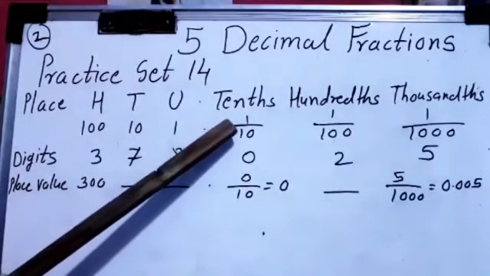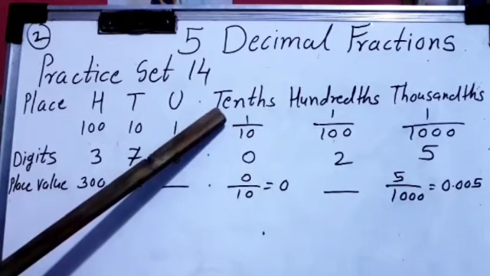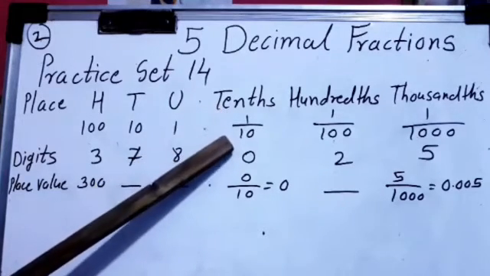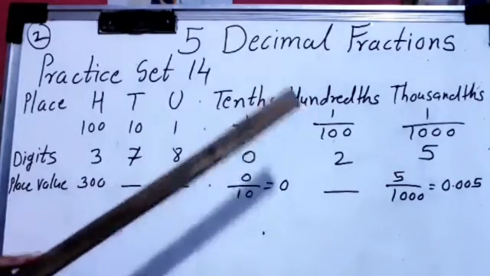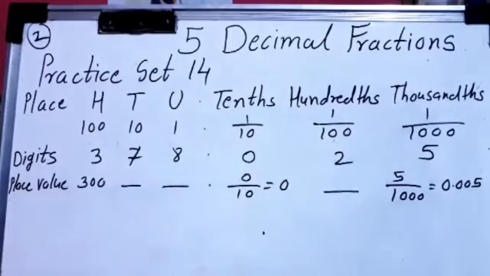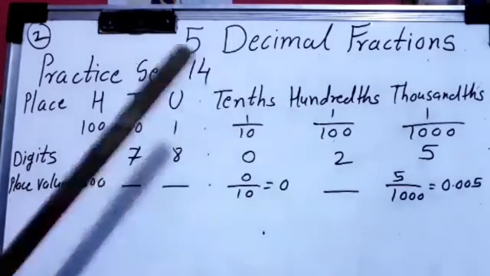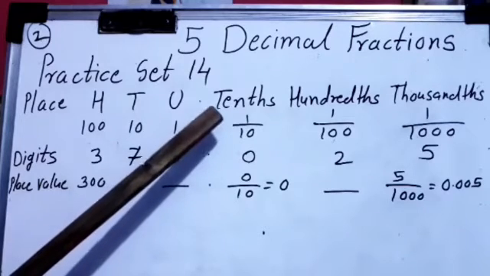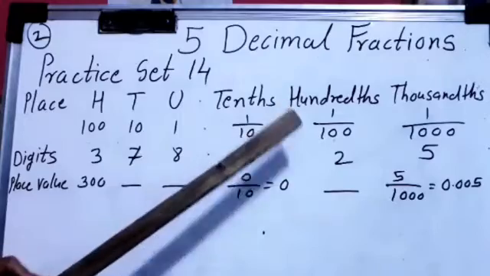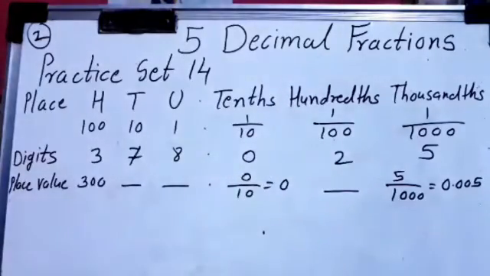That means that particular digit is the numerator, and the denominator will be 10 because the place value is 10th. So remember, for 10th the denominator will be 10. 100th means 1 upon 100. 1000th means 1 upon 1000. So when we go to the right side of the decimal point, we write place values this way: 10th is 1 upon 10, 100th is 1 upon 100, 1000th is 1 upon 1000.